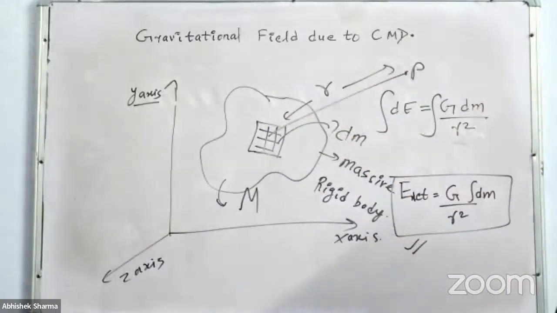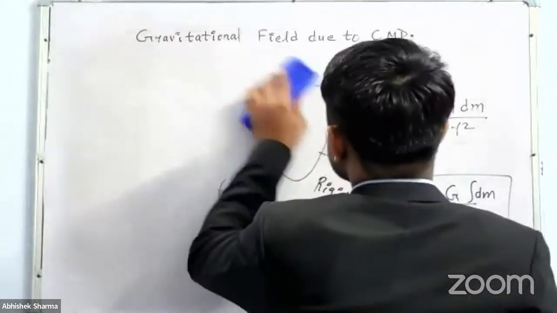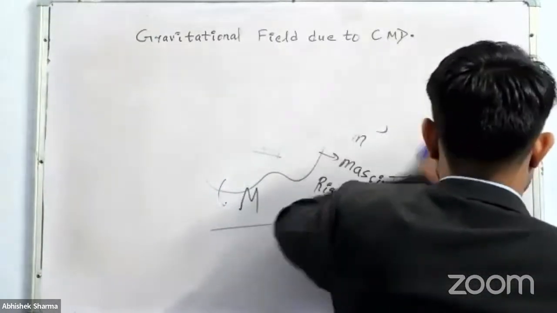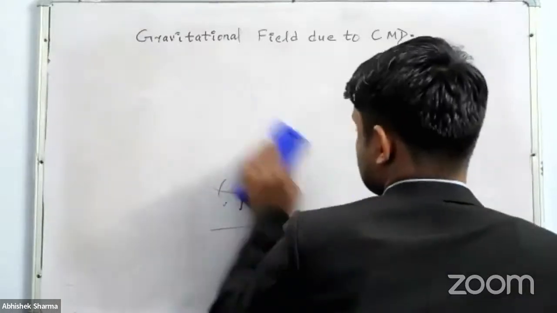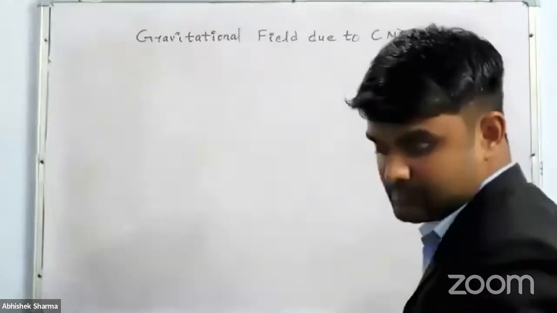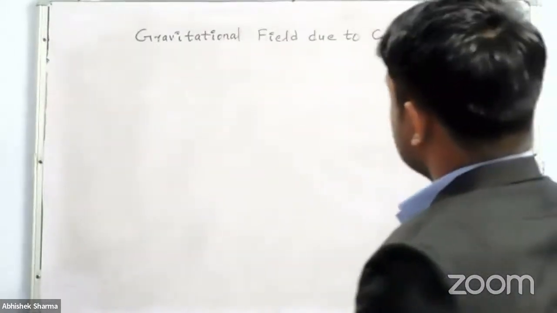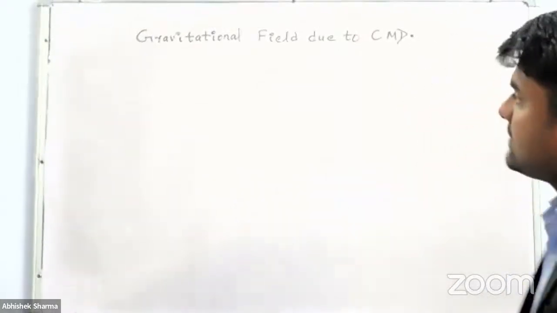Okay. So since now you have derived the generalized case, now I'll be applying this case for a uniform rod having the mass distribution capital M. Okay, so now let's check it out.